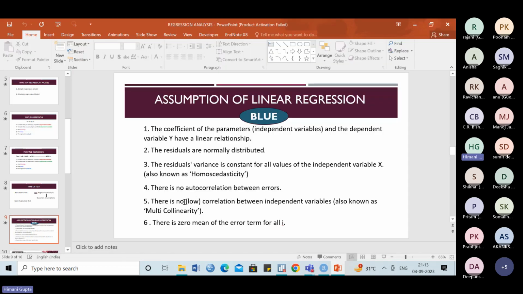Now, my next assumption is that there is no or low correlation between your independent variables, which we can even name multicollinearity. Why are we saying that? Because whatever independent variables we are taking, there should not be any relationship among themselves.